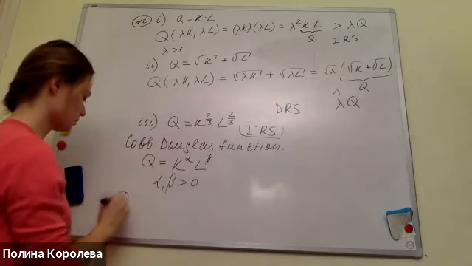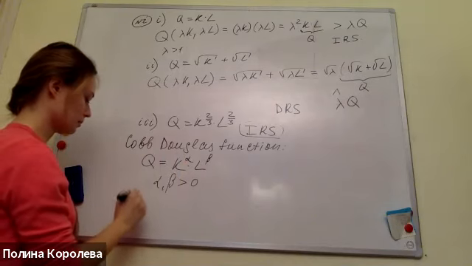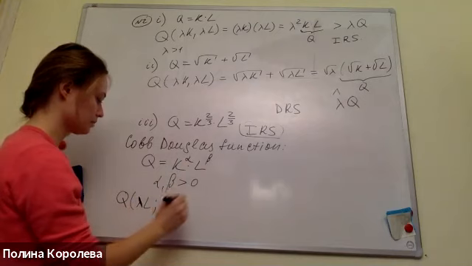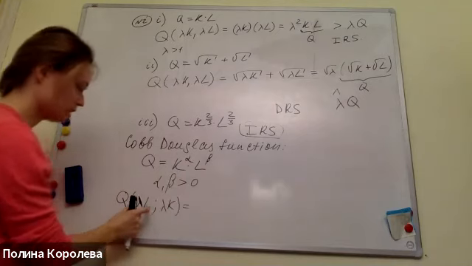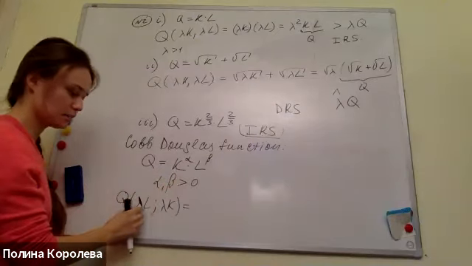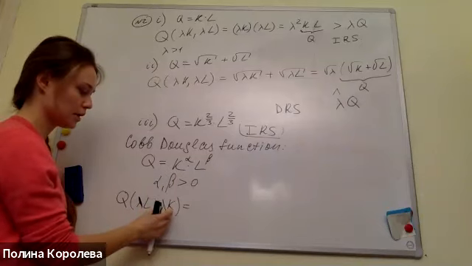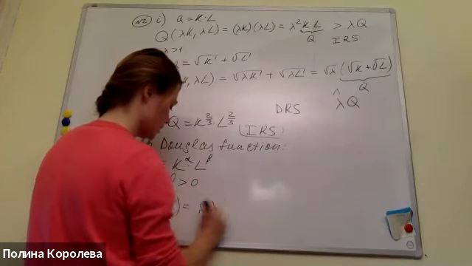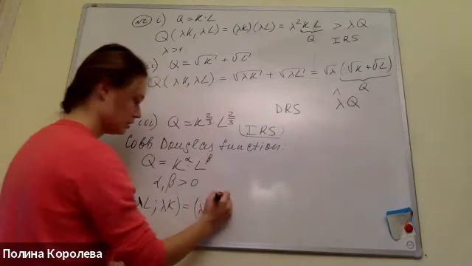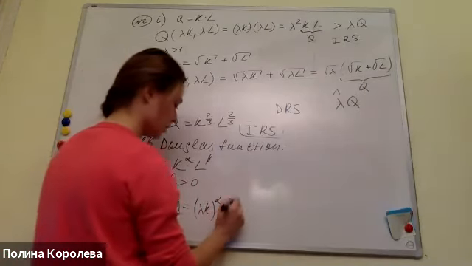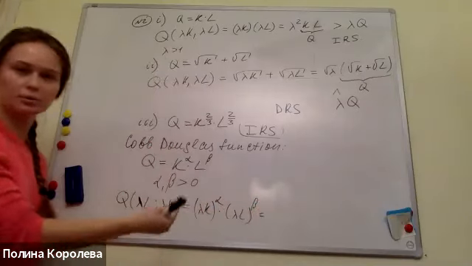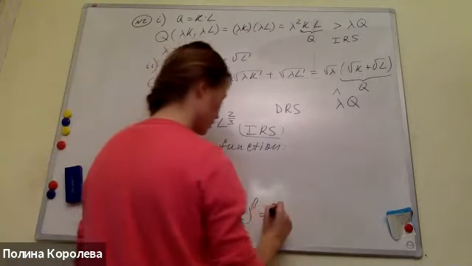So what we do, as always, we multiply labor by lambda and capital by lambda. So instead of L, we write lambda L. Instead of K, we write lambda K. So lambda K to the power alpha, multiplied by lambda L to the power beta. Open the brackets, what will we have?